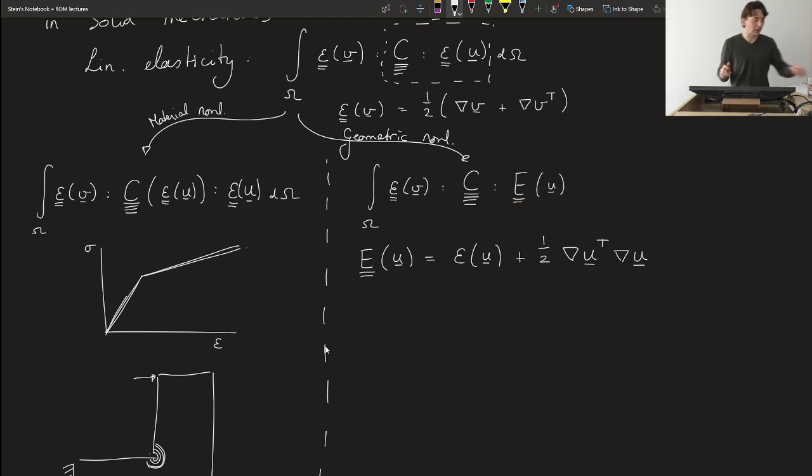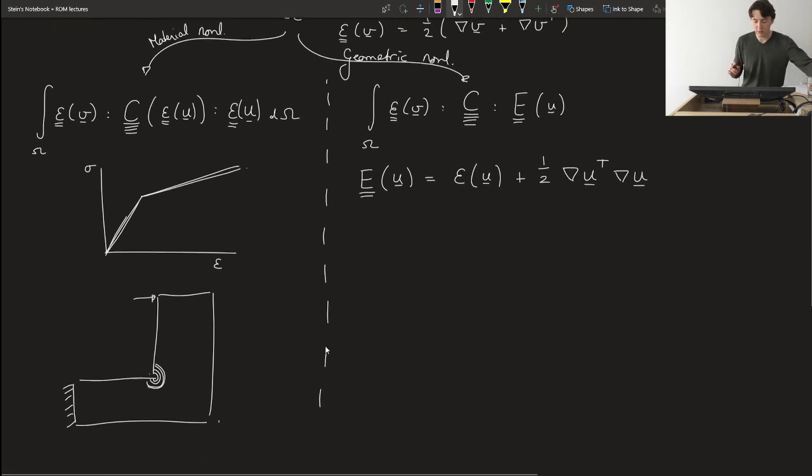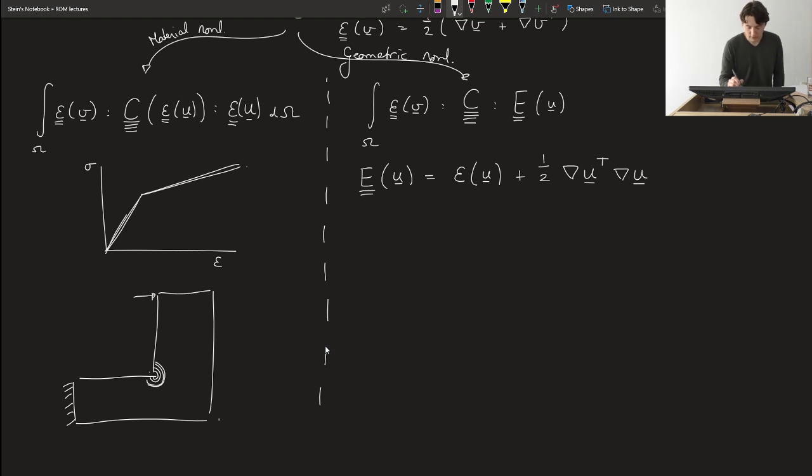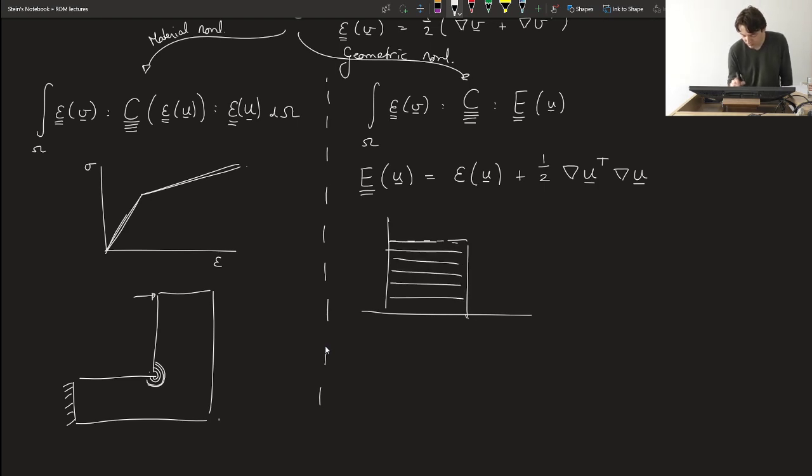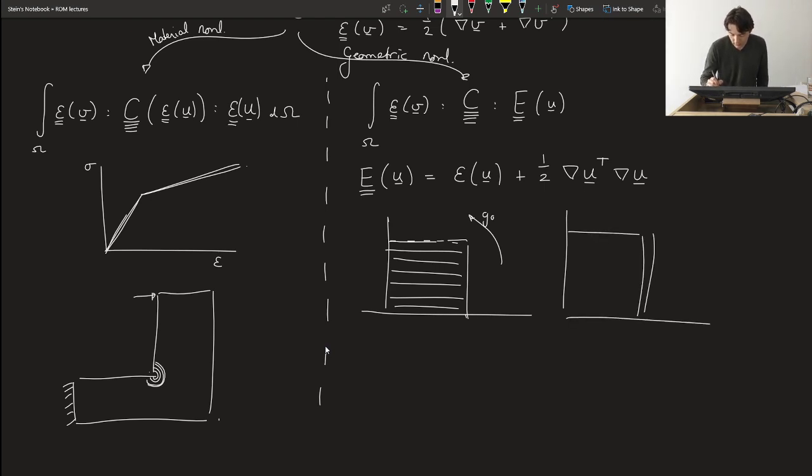So what are we doing here? Well, I think that a very clear example is if you look at a deformation state that takes a block in a standard configuration, and the block has, I don't know, fibers in this direction, but that's mostly just to show its orientation, and we're going to rotate this by 90 degrees. So then we would get a configuration that looks like this.